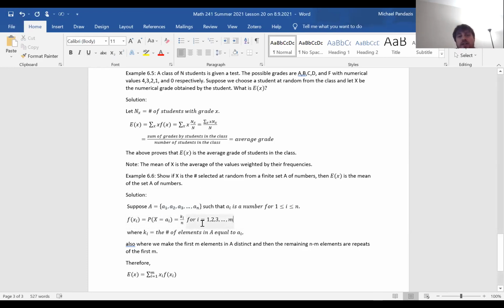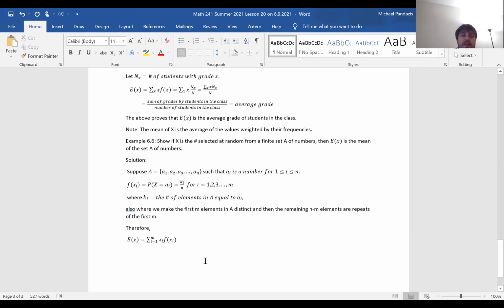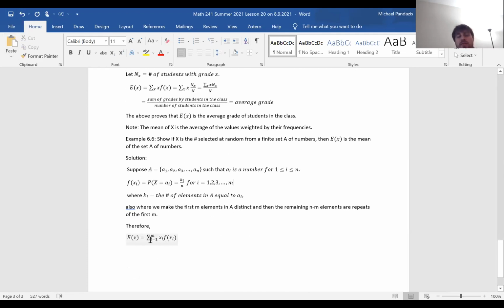So we look at the i values from 1 to m, which are distinct values of a sub i in the set, and say the probability of x attaining one of those first little m distinct values is the number of times that value is repeated in the entire set divided by the total number of elements in the set. Therefore the expected value is the sum from i equals 1 to little m of x sub i times f of x sub i, because the only values that are distinct are from i equals 1 to little m.